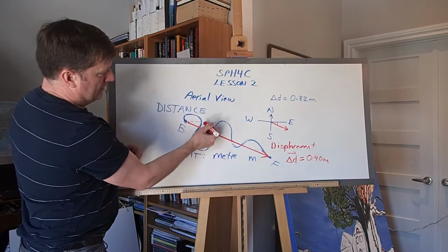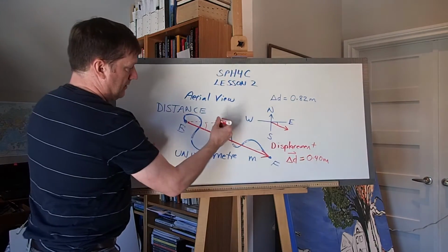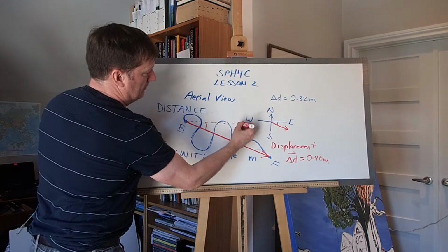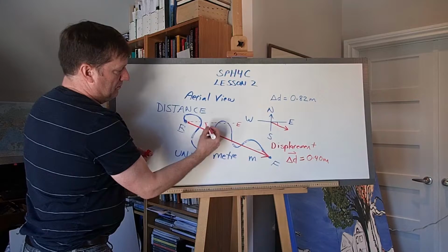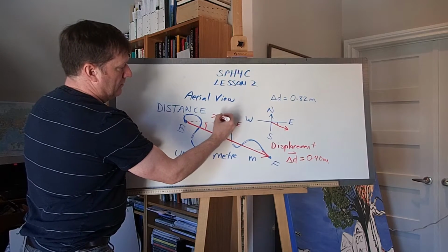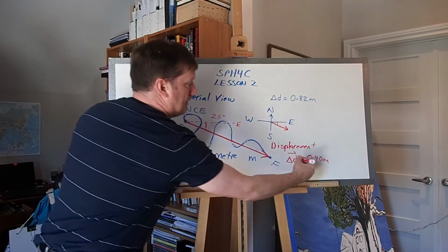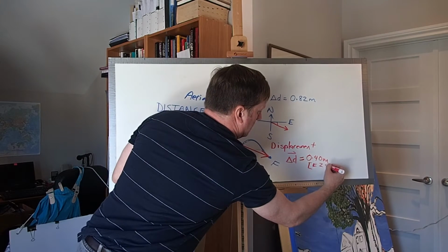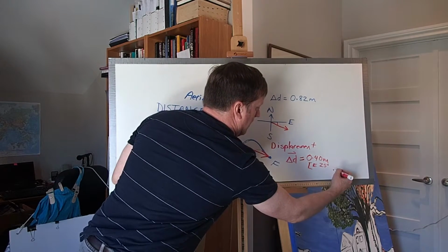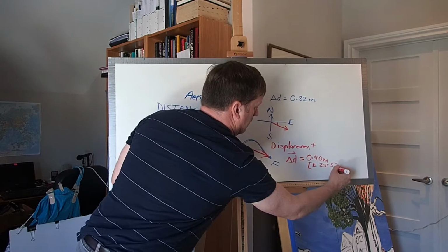So when I measured the degrees in here, because this is pointing east, it worked out to be 25 degrees. So the way I would write this is east 25 degrees towards the south.